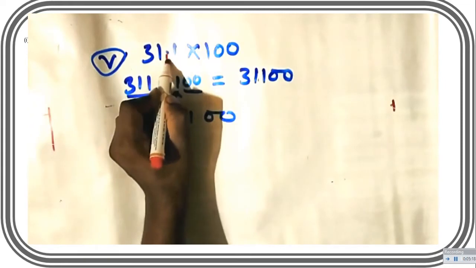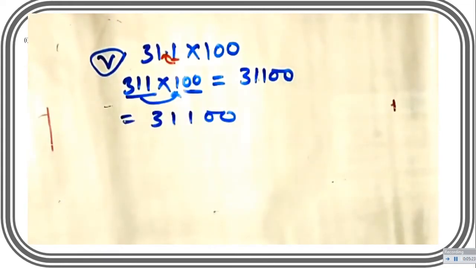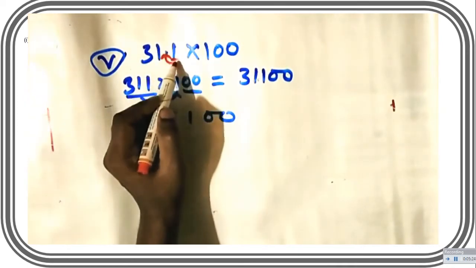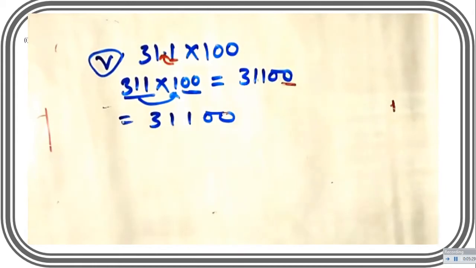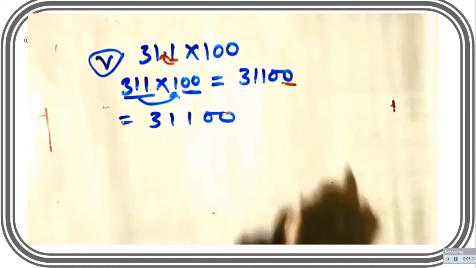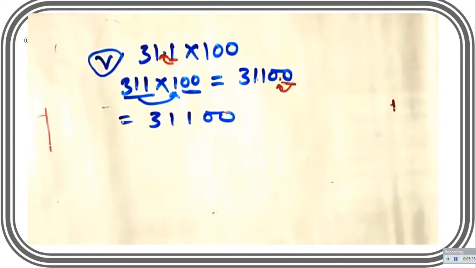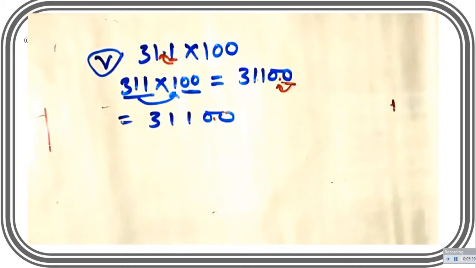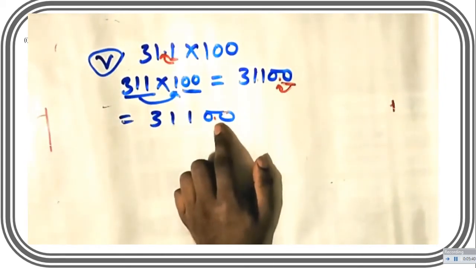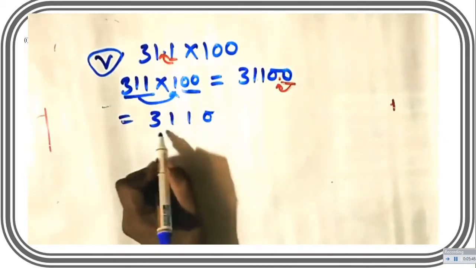After the decimal, we have only one number. Yes or no? So take this last 0 and after that insert the decimal point. Your decimal point will come here, and we know that after the decimal there is 0, so there will be no value. So your answer becomes 3110.